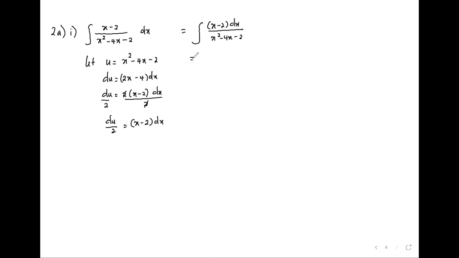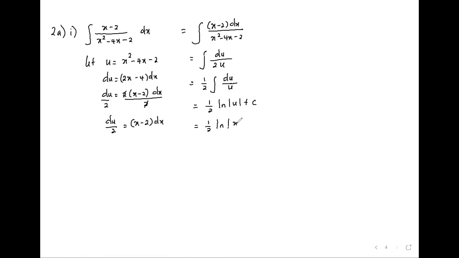So now let's substitute. We'll have the x minus 2 dx to be the same thing as du over 2. But then there's a u down here. So I can put the 1 over 2 out and remain with du over u, whose integral is ln u plus c. But what's u?